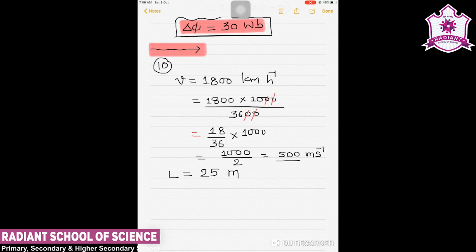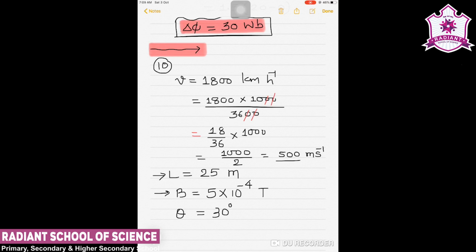If the Earth's magnetic field at the location has a magnitude of 5 into 10 raised to minus 4 and the dip angle is 30 degree, so the magnetic field B is given as 5 into 10 raised to minus 4 Tesla, and the angle of dip is also given, that is 30 degree.